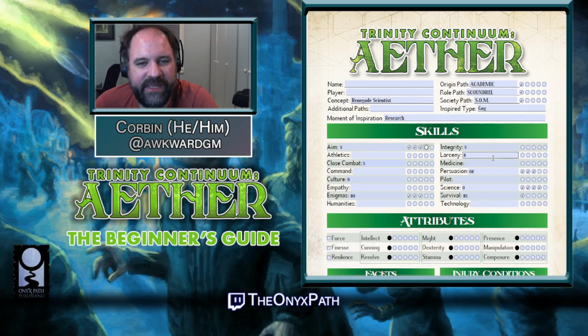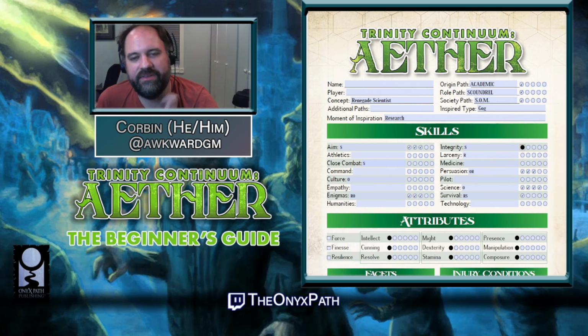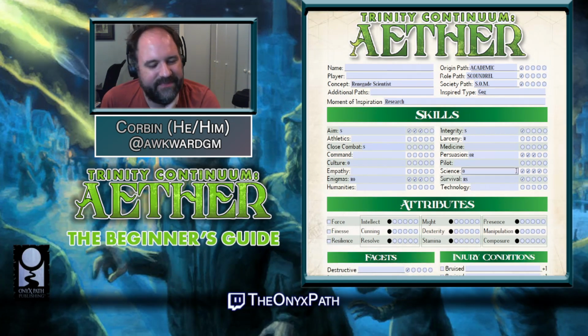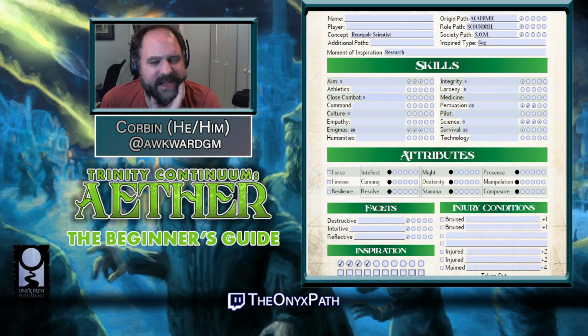I'm going to take 1 away from aim, and I'm going to put 1 more dot into integrity, just so I have a little bit of integrity. It's not literal integrity. I'm not morally more fortified or something. Maybe I should be. Who knows?